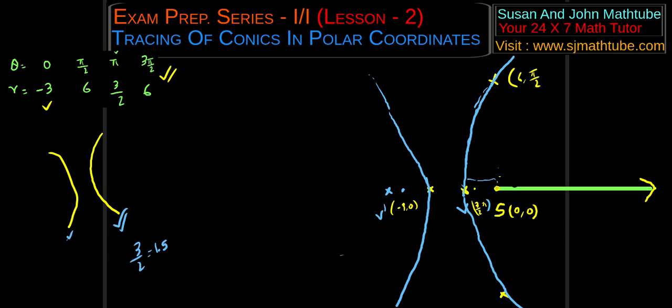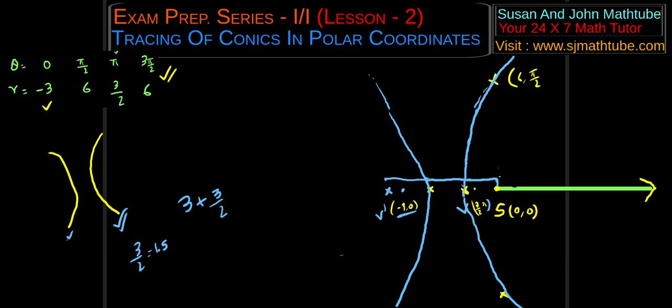Now look at this. We measure everything from the pole. From here to this point, it is 3 units because the coordinate is minus 3 comma 0. So this blue line, this much, is 3 units. And then I added 3 by 2. So I came forward, 3 by 2 more.